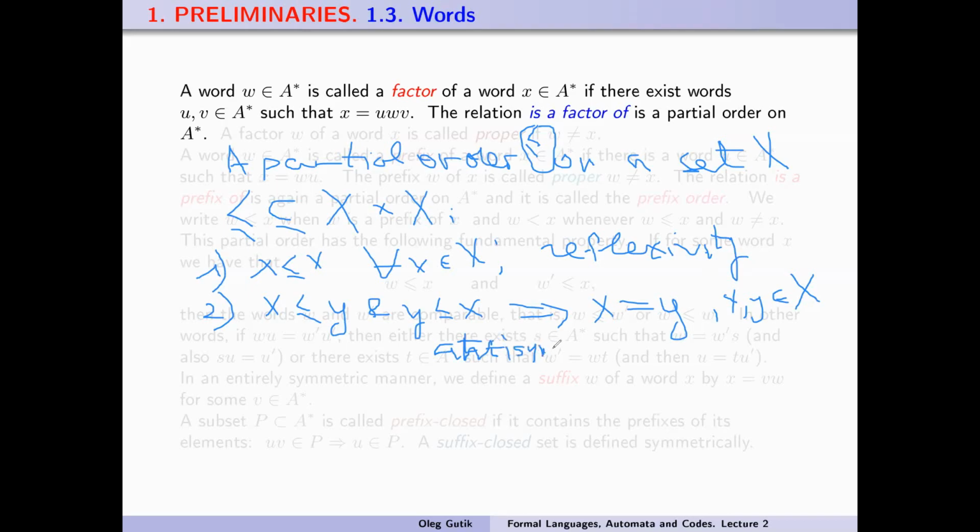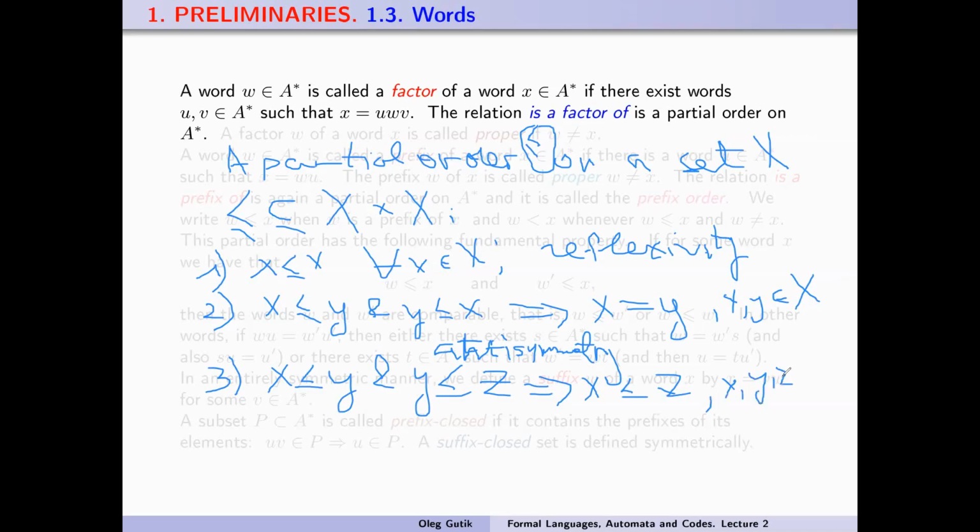And the third, transitivity: if x is less or equal y and y is less or equal z, this implies that x is less or equal z for x, y, and z from X. This property is called transitivity.